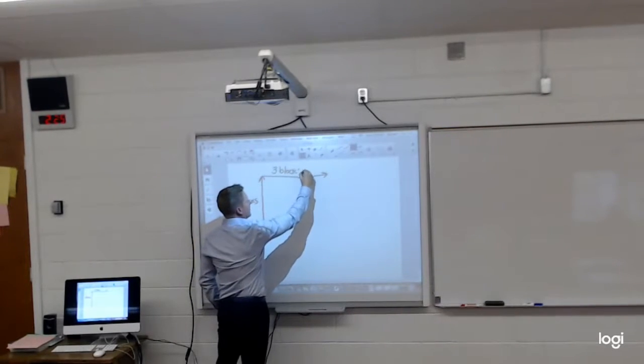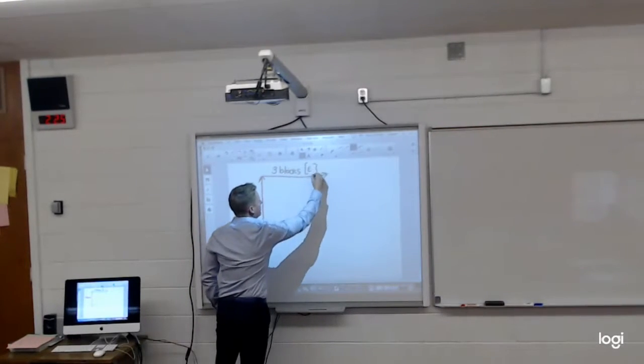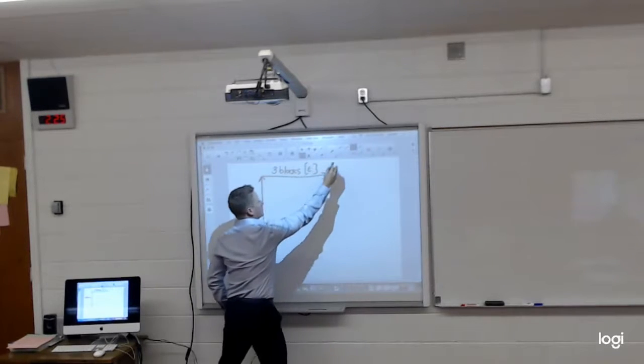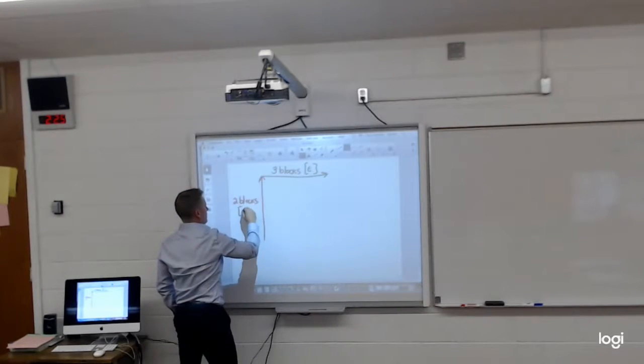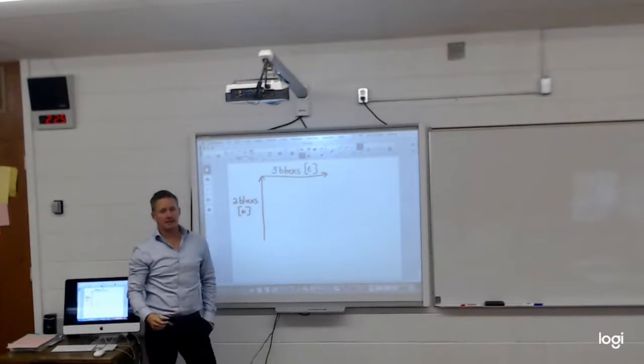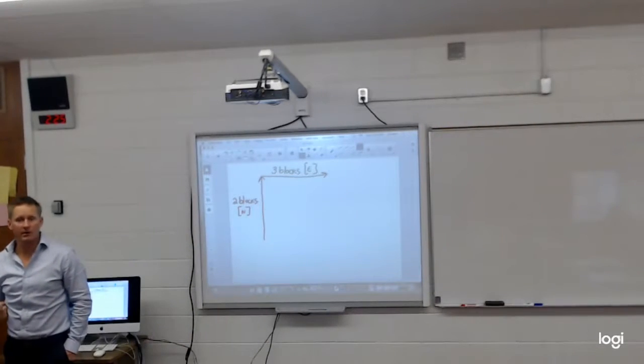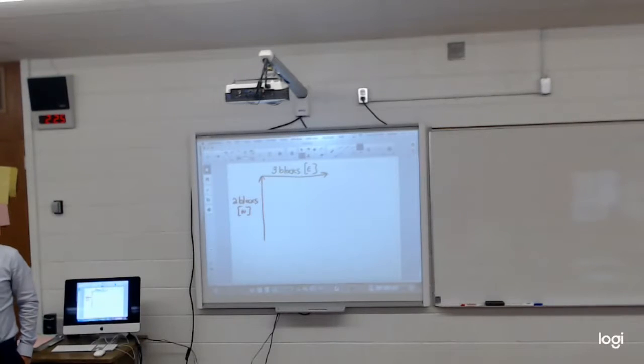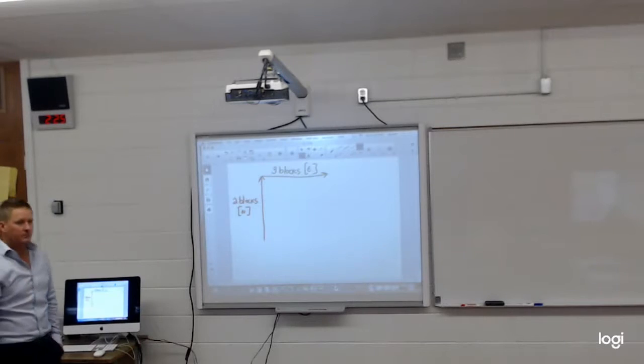We haven't done as much as we should have in terms of labeling our directions, but now we must label our directions. It's going to be imperative. So now you're saying, okay, 2 blocks to the north, 3 blocks to the east. That's awesome, but I want to fly my helicopter in a straight line, not following the roads. The hypotenuse.